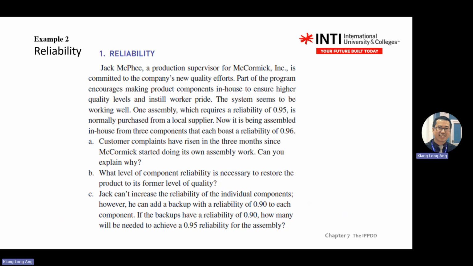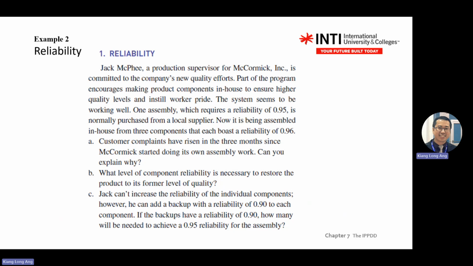B, what level of component reliability is necessary to restore the product to its former level of quality? You understand question B, right? So how do you develop the equation? Now you know the first case is 88.5%. B asks what level of component reliability is necessary to restore the former quality. Your objective now is 0.95. You draw the diagram again.